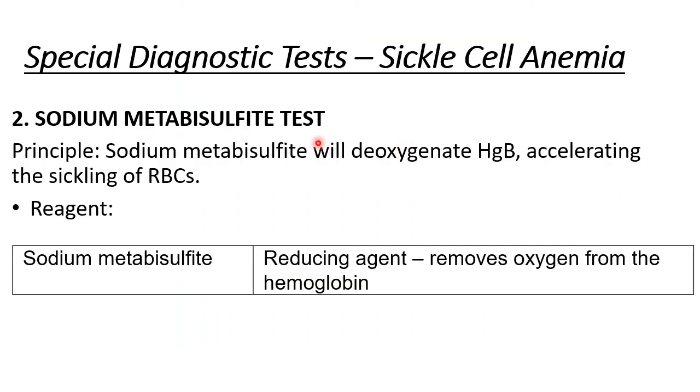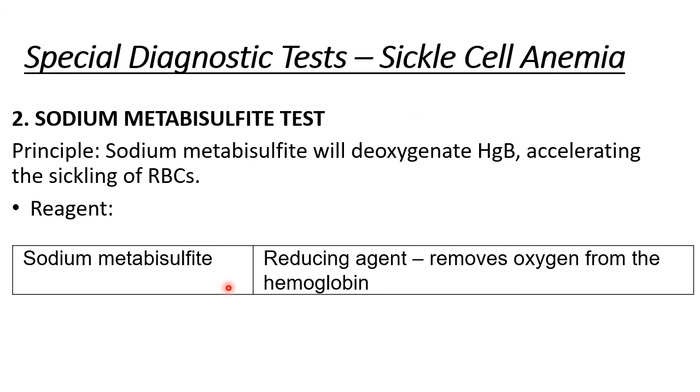The next test for sickle cell anemia is the sodium metabisulfite. Parehas lang ito, pero hindi lysis ang ginagawa ng metabisulfite. It will cause sickling of the RBC. Lalong-lalo na, ang very vulnerable dyan kapag pangit yung ating hemoglobin content in cases of sickle cell anemia.